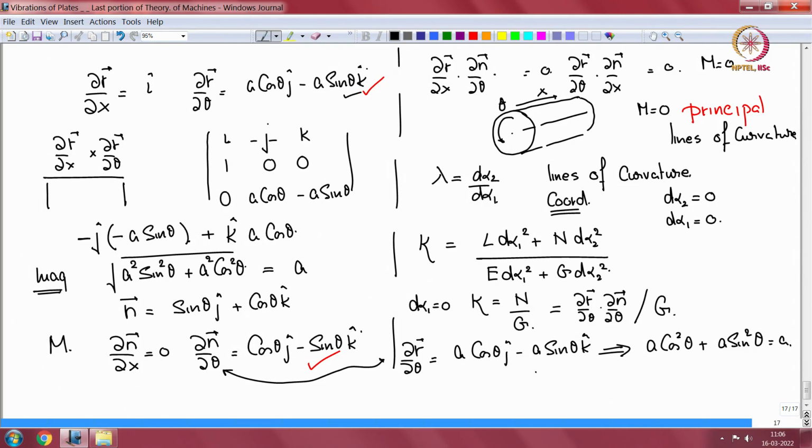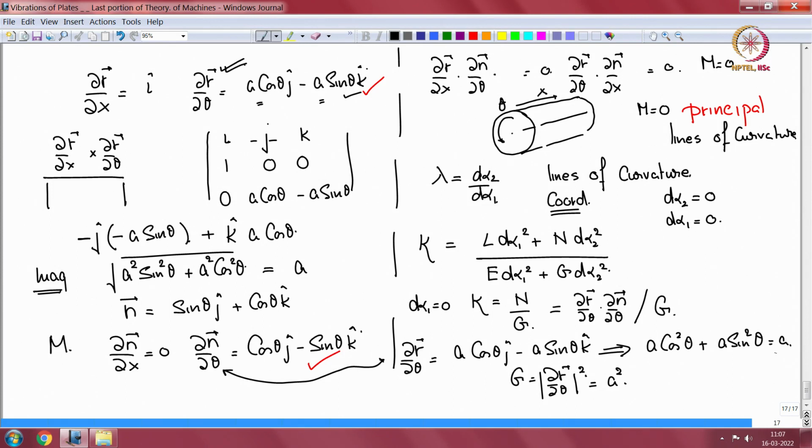Why is that? Because G is equal to the magnitude of del r by del theta squared. The magnitude is the root of a square cos square theta plus a square sin square theta, which is a, and squared, it is a squared. You dot it with itself, it's a squared.